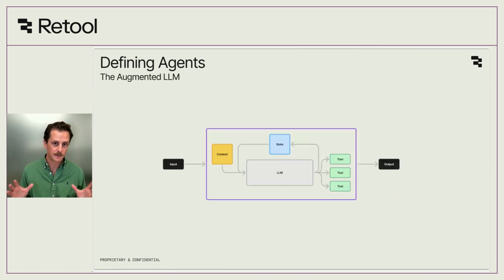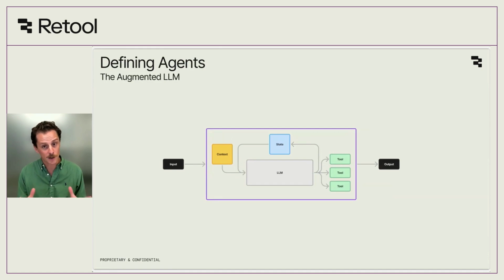Following Anthropic's lead, let's call the LLM with the tools and the state and the context the augmented LLM. And moving forward, when I represent this LLM in the purple box, we'll assume I'm talking about the augmented LLM.